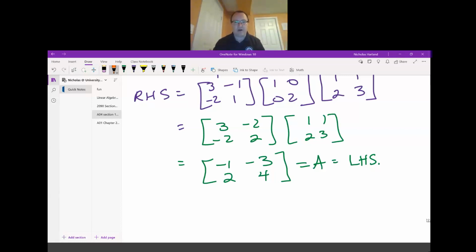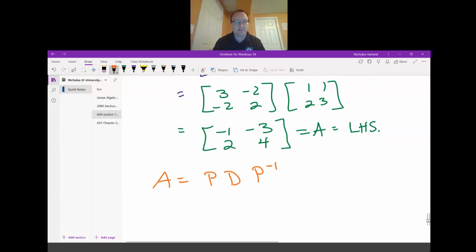What I want to focus on right now is how do we use it? So let's say we had P times D times P inverse. So my question is, what is A squared? Some people are saying how to use this. Wonderful question. What is A squared going to be? That's going to be A times A. So what would happen if we took this right-hand side and squared it? It's going to be P D P inverse squared.